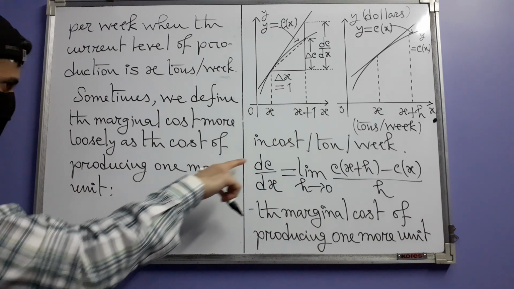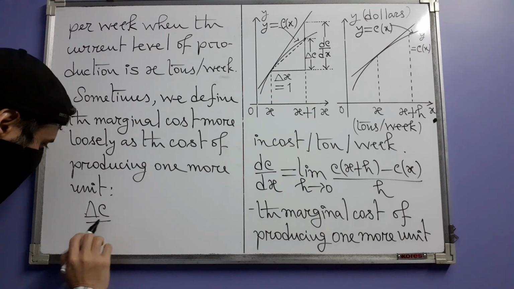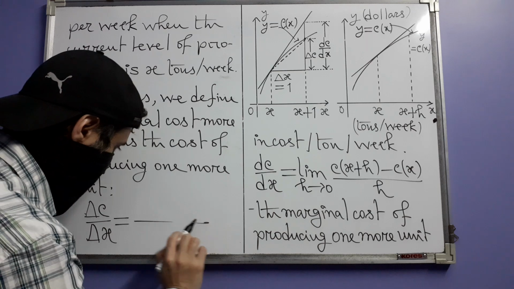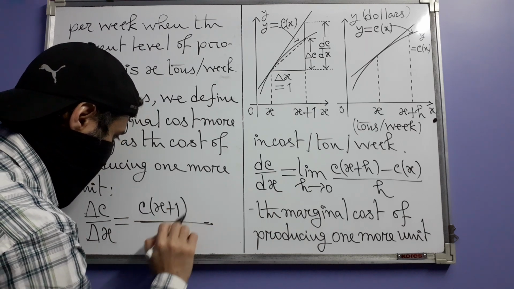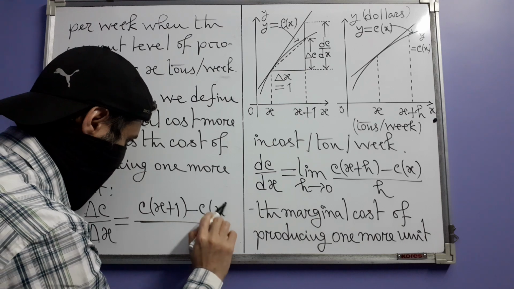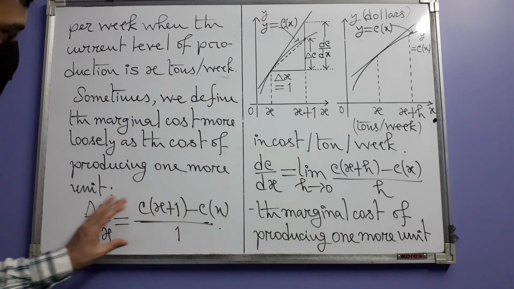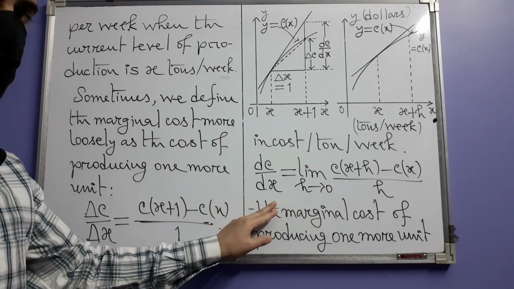That is, instead of this derivative, you have this difference quotient, which is the cost of production of one more unit. This of course is not equal to this, but it's approximately equal to this.